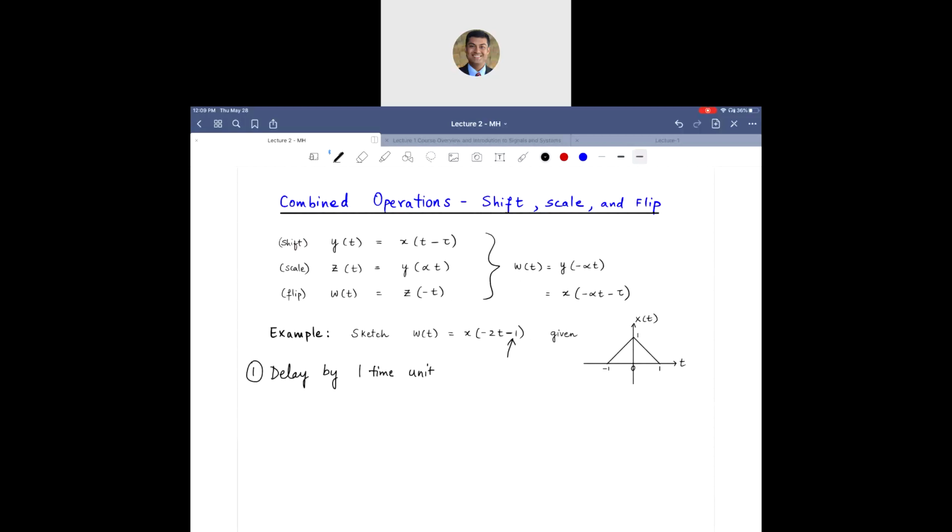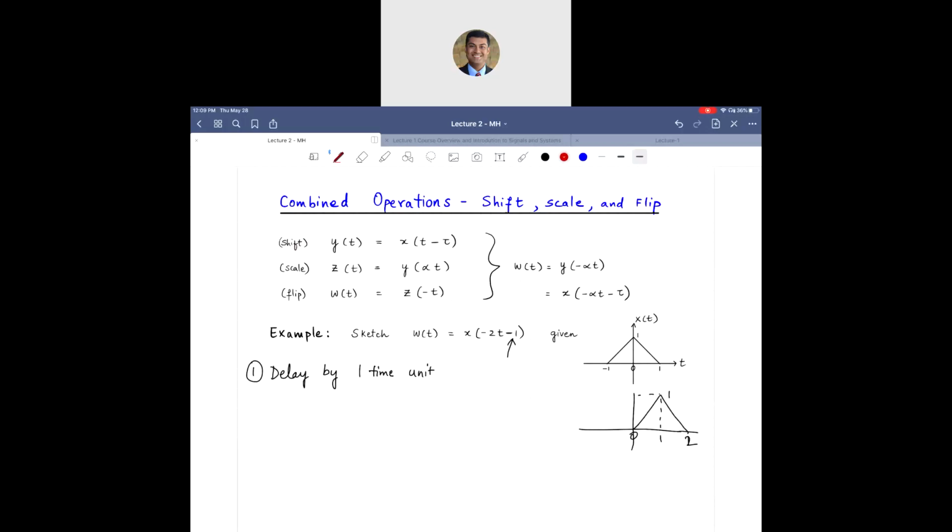So delay means what? Shifting things to the right. Okay, so it becomes that. This guy is going to become 2, this guy is going to become 1, this guy is going to be 0. So that's the first step, delay by 1 time unit.